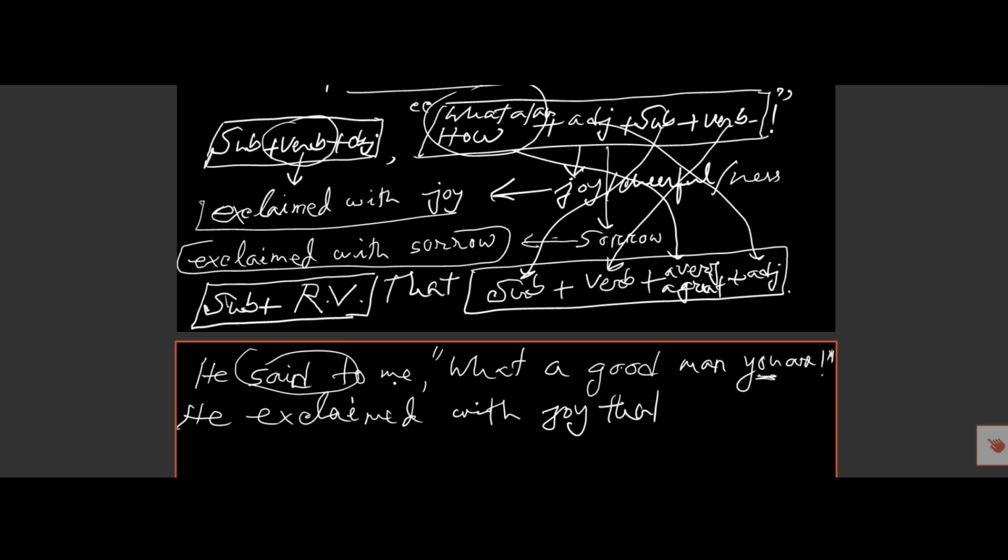Here "me" is first person, so "I" will be put here as the subject, and "am" will be changed into "was", so "I was." What a: in lieu of "what a" we must use "a very," and this is adjective, good, and noun, man.